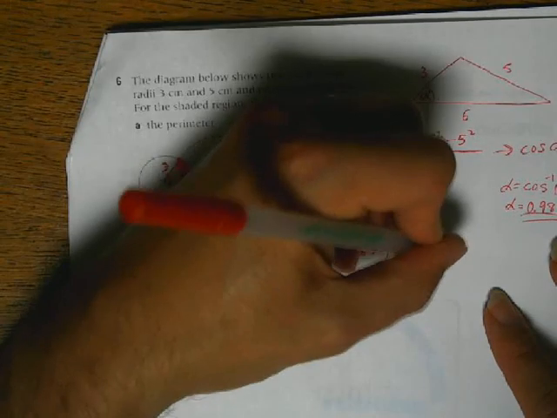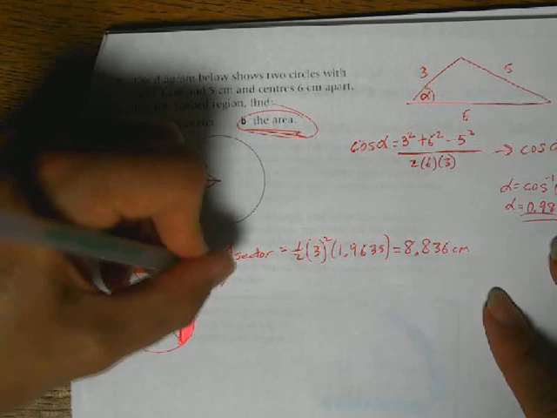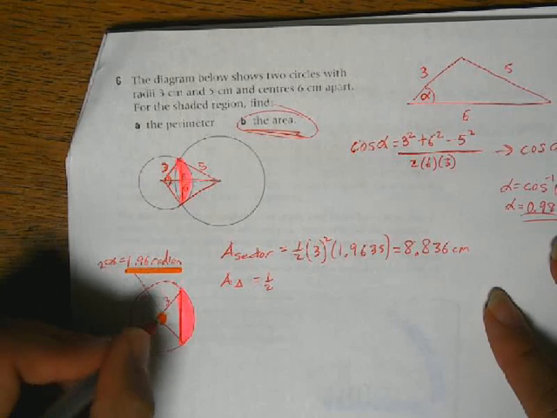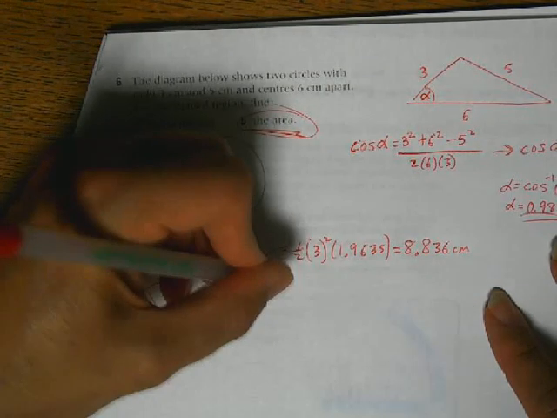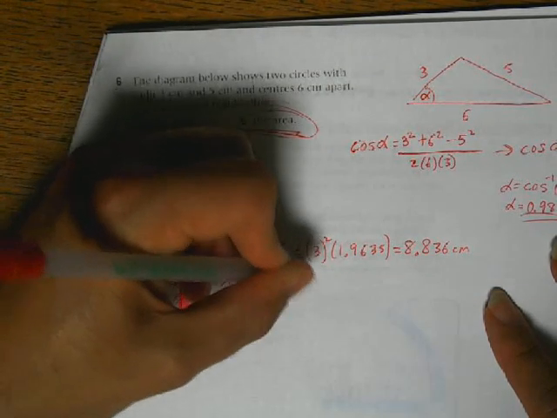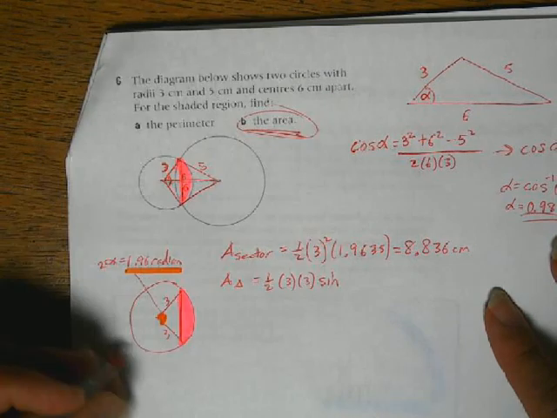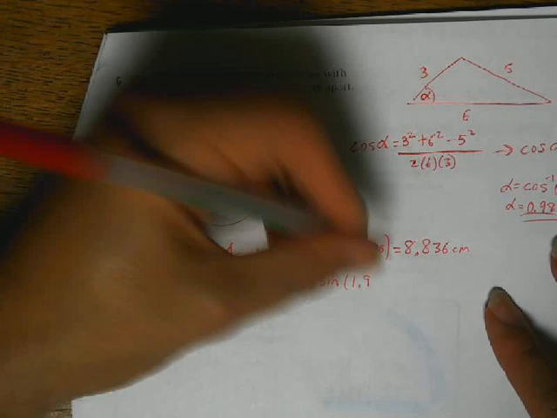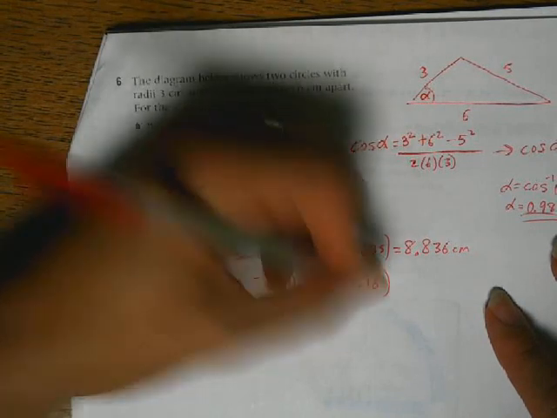And the area of the triangle is 1/2 this side and this side, so 3 and 3, and sine of this angle, 1.96 radians.